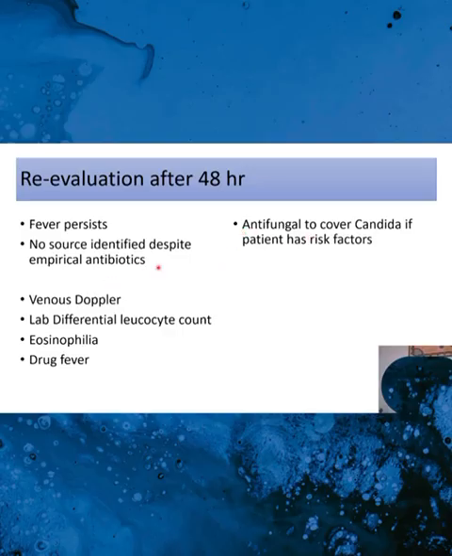Or if you suspect a non-infectious cause, then you go for venous Doppler and do the differential count. Sometimes eosinophilia will point to a drug fever, whether you started a drug in the last 24 hours, and you stop that drug and the fever is gone. So this re-evaluation is a very important step during the course of managing fever in the ICU.